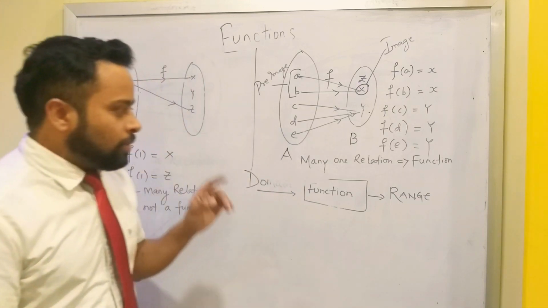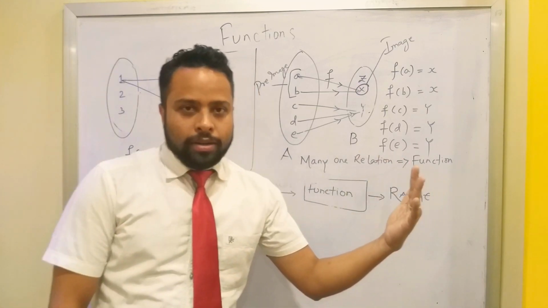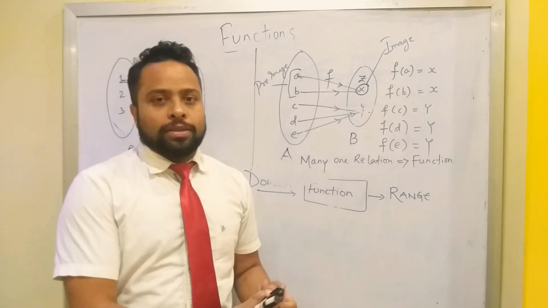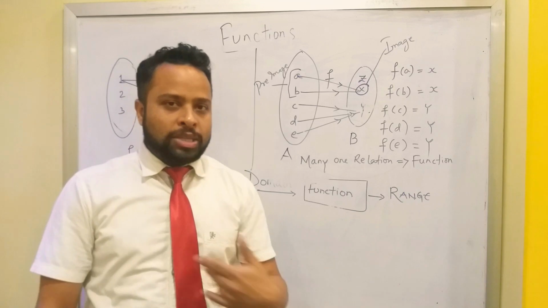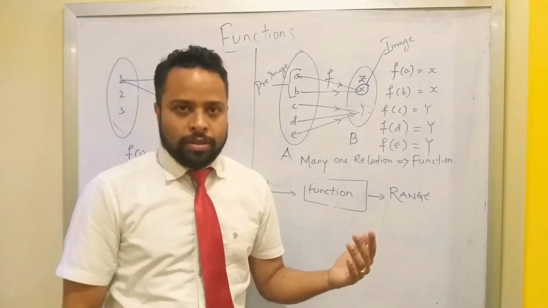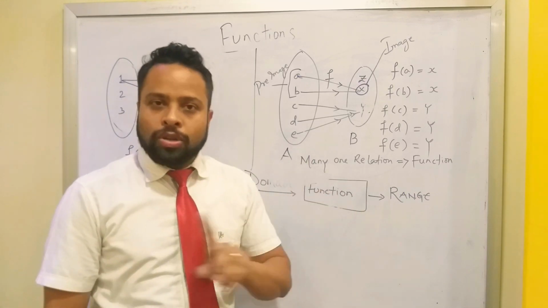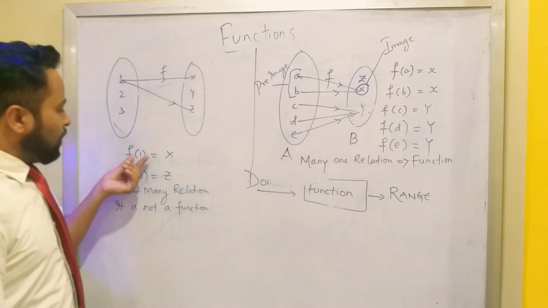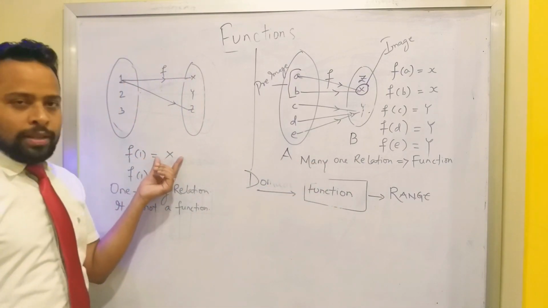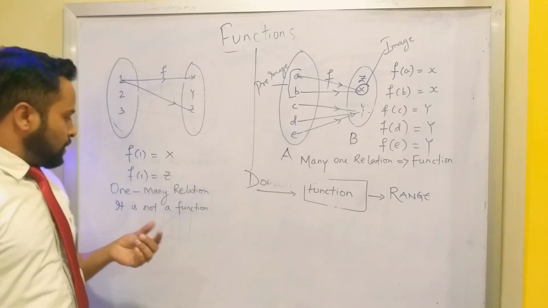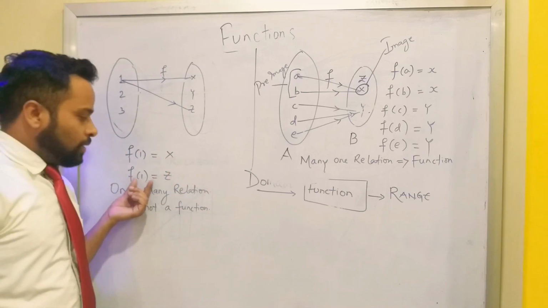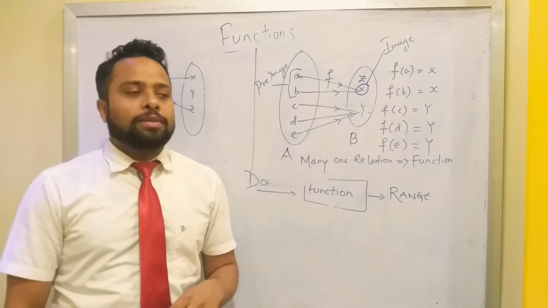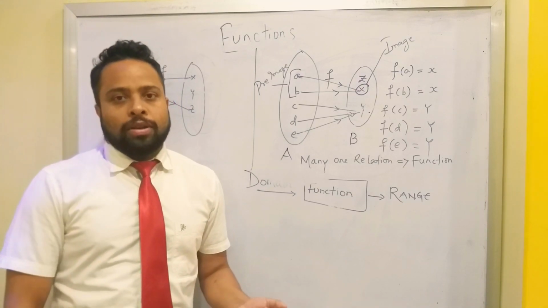So I will tell you, if the mirror is showing different faces and we cannot predict which face will come when the next person comes for its reflection, then such a mirror is not functioning. It is not a function. Here also, if the input is 1 and the image is x, again the input is 1, the image is z, that means the same person is being given two different outputs.